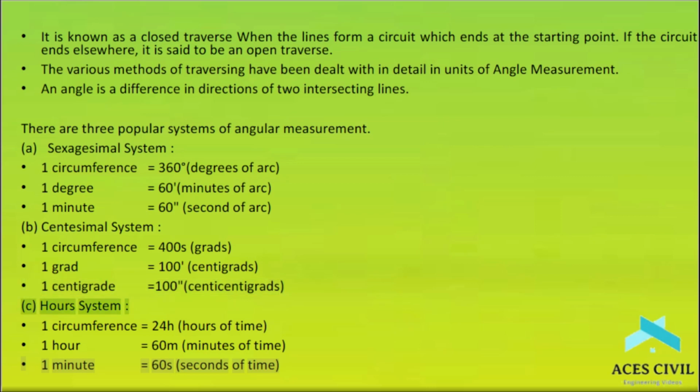C. Hours system. 1 circumference equals 24 hours of time. 1 hour equals 60 minutes of time.